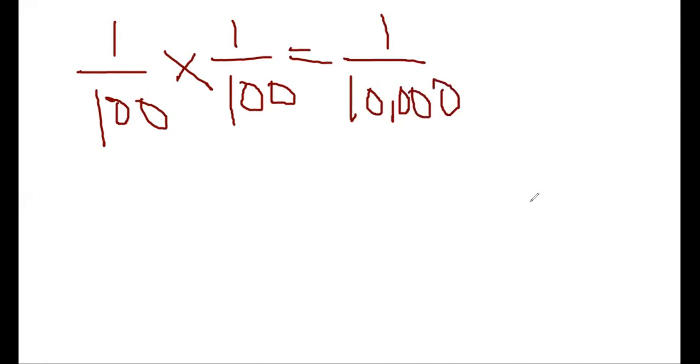Now, 1 divided by 10,000 is what? 0.0001. What this means is the fourth value from the decimal, which is 1, 2, 3, 4, is exactly what the pip is.